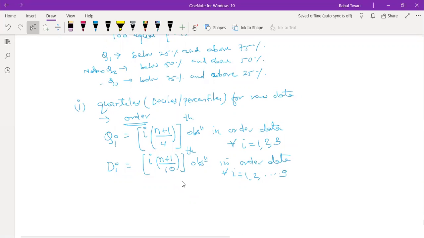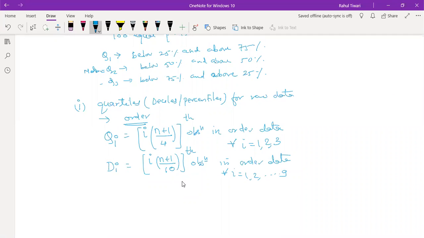If I ask you to obtain d10, you cannot obtain it from decile. The question is actually wrong, but you can work on that accordingly.